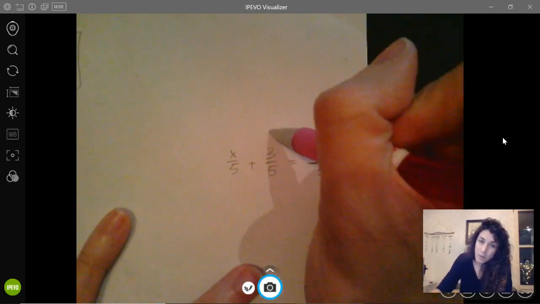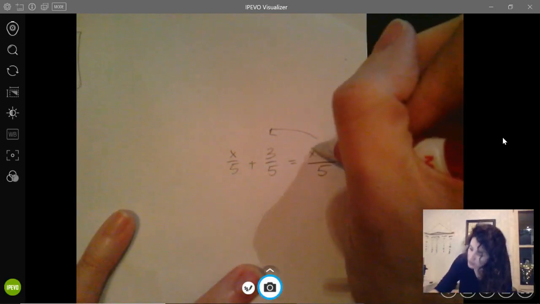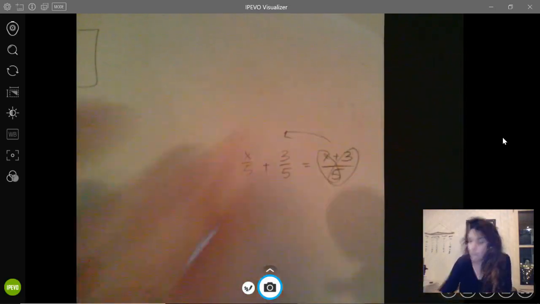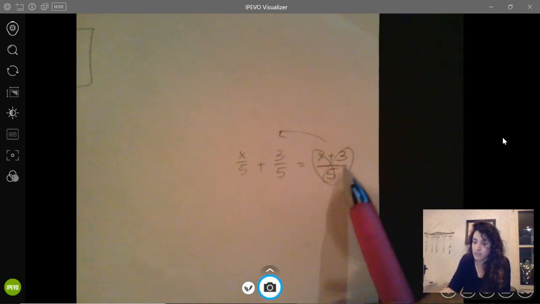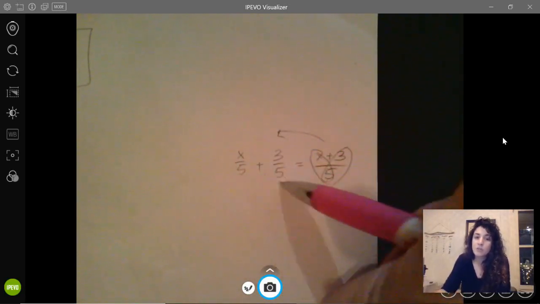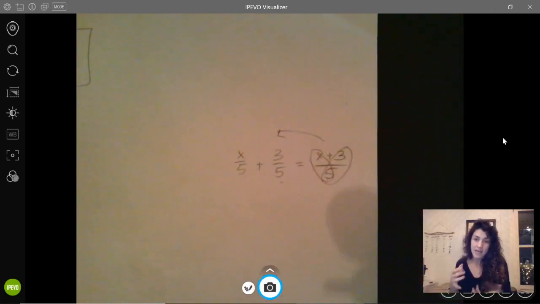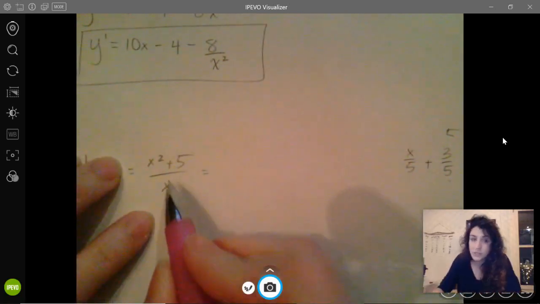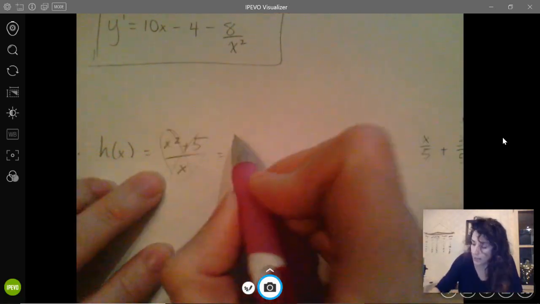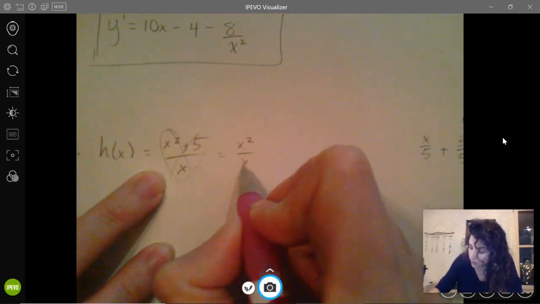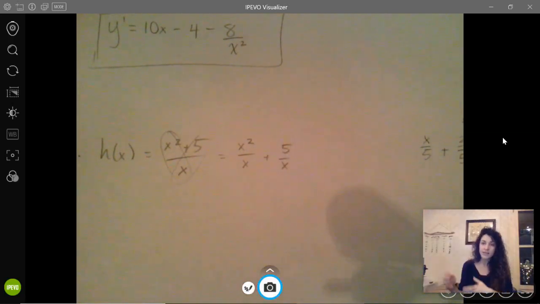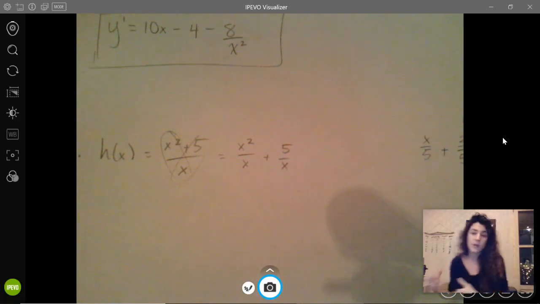So if I wanted to go backwards, I really just take x plus 3 over 5, and I can split up a fraction that looks like this. I like to think of it as a heart, to become 2 smaller pieces that I can then handle. So we can do that here. I can break this up using my heart as x squared over x plus 5 over x. So you can manipulate an equation to make it look like a way that you can handle it.